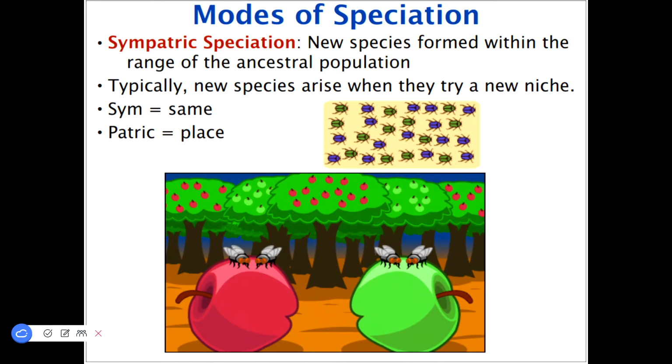So this is how sympatric speciation occurs. So if a new plant enters an environment, certain insects can use that plant for nutrients in the same environment with their ancestral population. Over time, they could become a new species. This does not happen as often as allopatric and peripatric speciation.